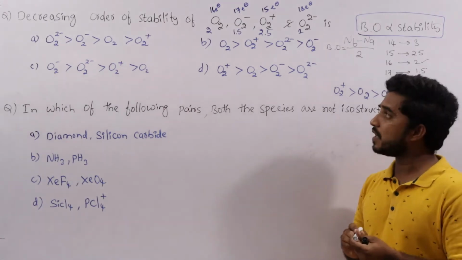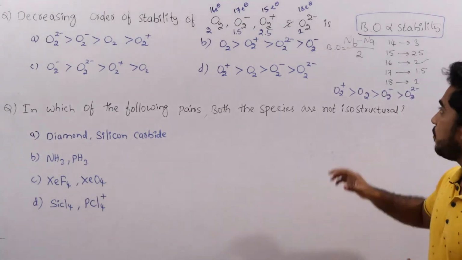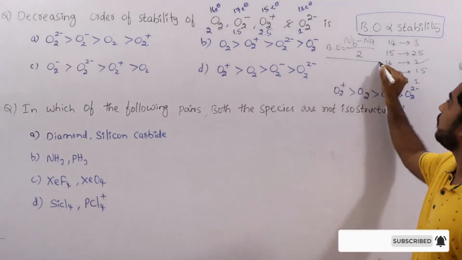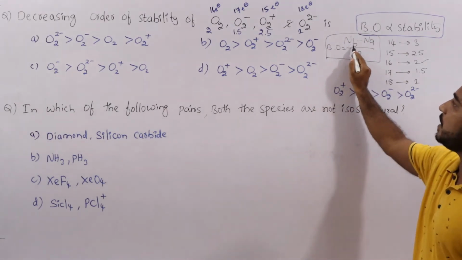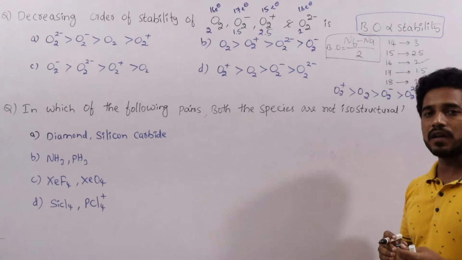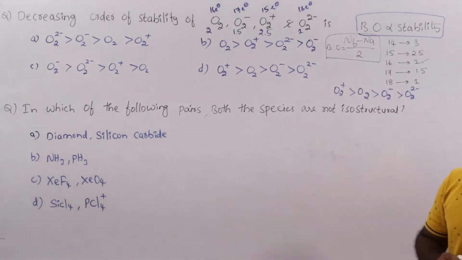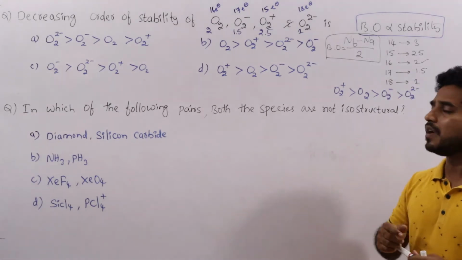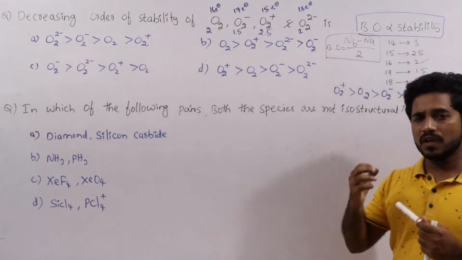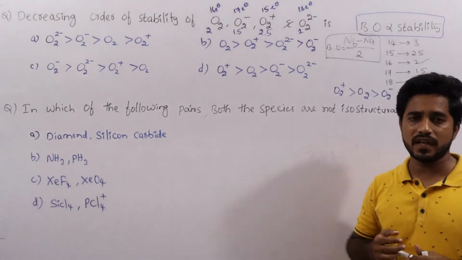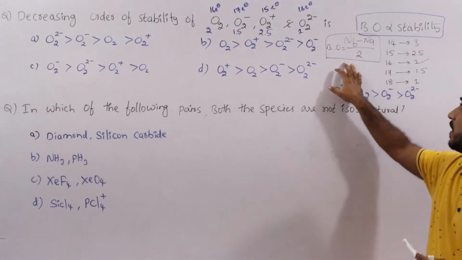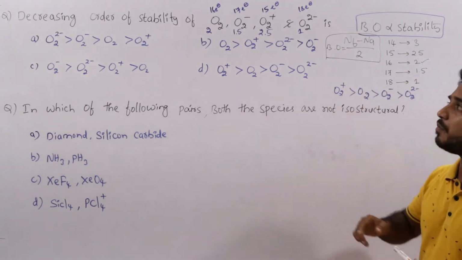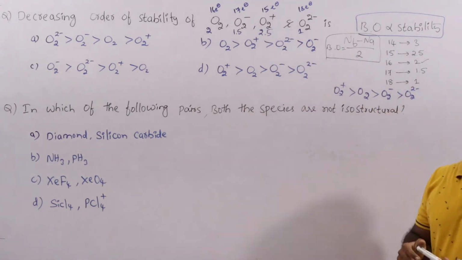To find out the stability, we compulsorily have to know the bond order. To calculate it, we use the formula bond order equal to Nb minus Na by 2, where Nb is the number of electrons in the bonding molecular orbitals and Na is the number of electrons in the anti-bonding molecular orbitals. This can be used when writing the molecular orbital electronic configuration, but here we have a trick: we can find the bond order from the number of electrons in the given species.